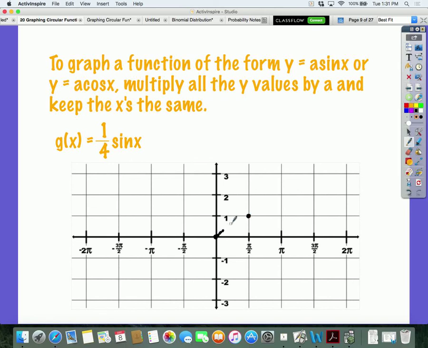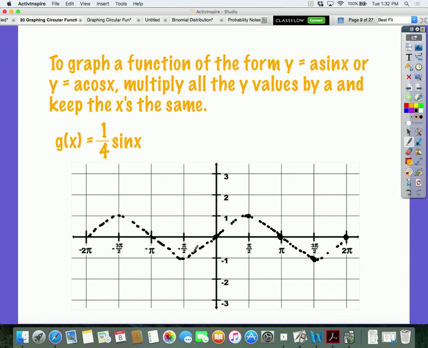Then it went down, it intersected at pi, and then it went down to -1 at 3 pi over 2, and then it started to go back up to 0 at 2 pi. And it did the same thing over here. It went down, then up, then back down.